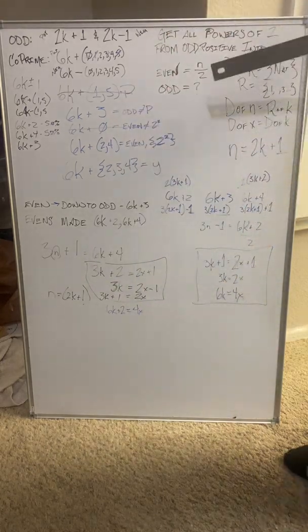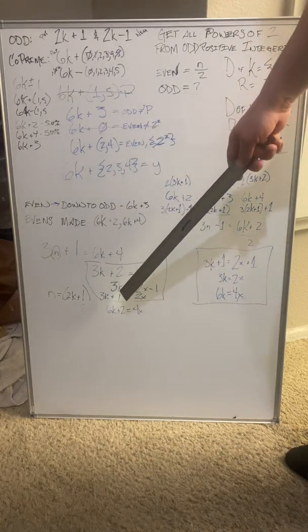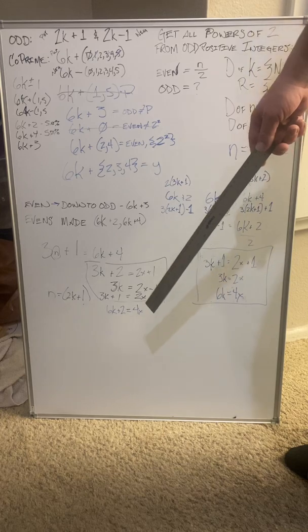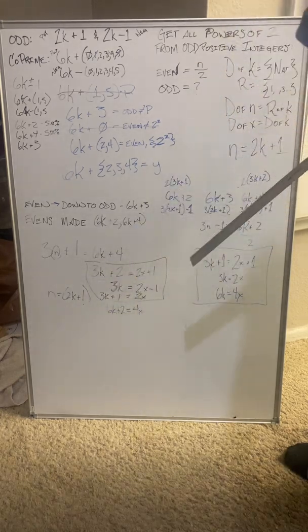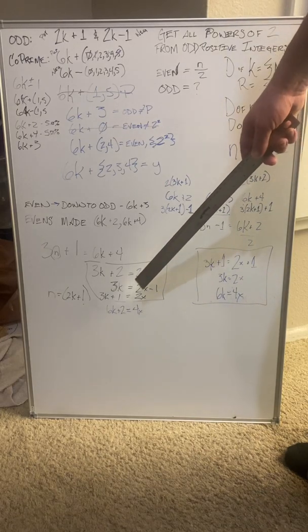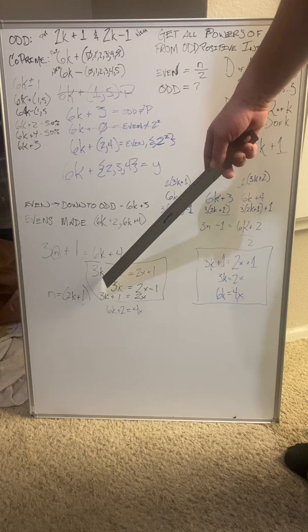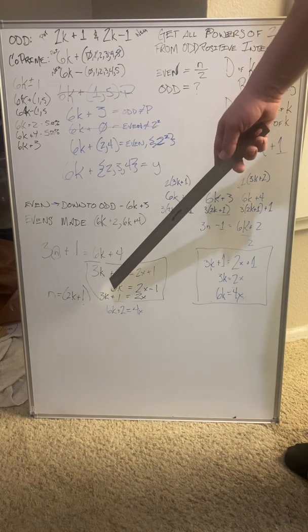You'll always be able to divide by 2 until you get to an odd. You'll eventually get to an odd of a lower number. That's a different x, so to speak. You'll always be able to continue dividing by 2 as long as k is even, because it maintains parity.